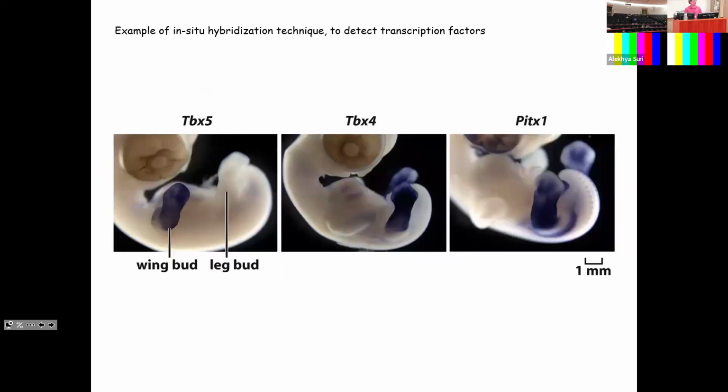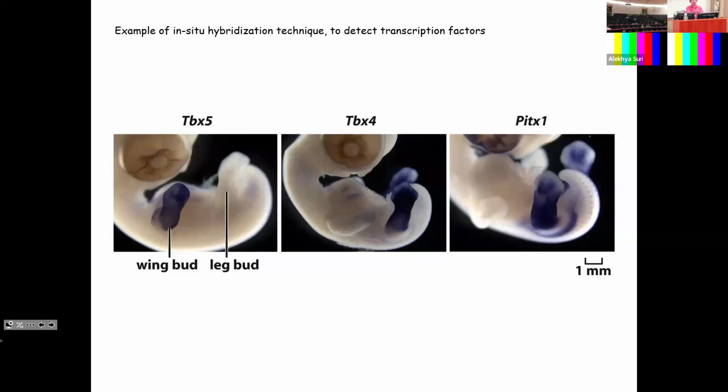All right, this is an example of a technology that I mentioned to you, the in situ hybridization, in which, for example, if you're studying a transcription factor called TBX5, T-box 5, or TBX4, whichever, doesn't matter. You could use in situ hybridization that hybridizes the RNA. It's not the protein, it's the RNA.